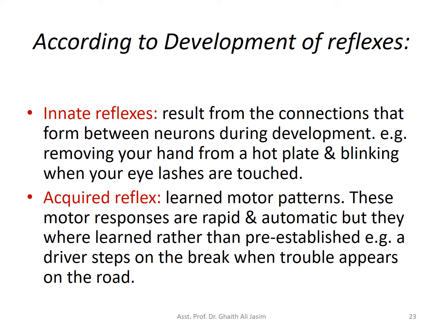Acquired reflexes are more learned motor patterns than pre-established. These motor responses are rapid and automatic, but they are learned rather than pre-established. For example, a driver steps on the brake when trouble appears on the road.